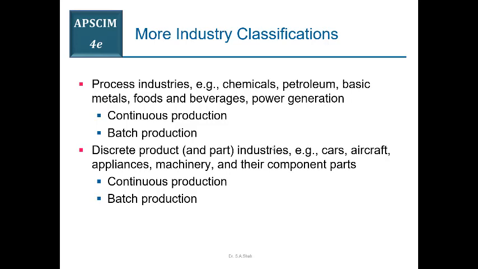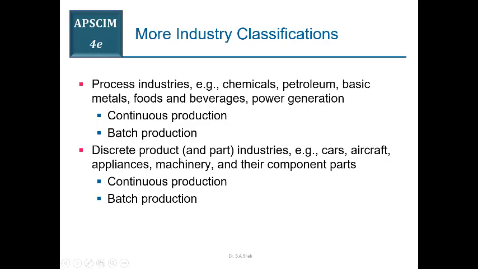So technically, if you differentiate between processing industries and discrete industries, the flow of raw material is continuous in the case of processing industries. There are no discontinuities of the raw material during the manufacturing processes.